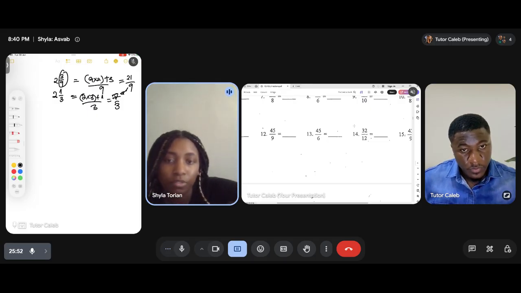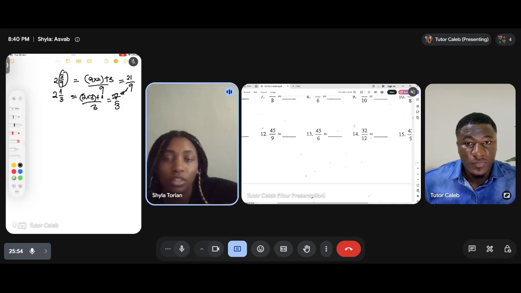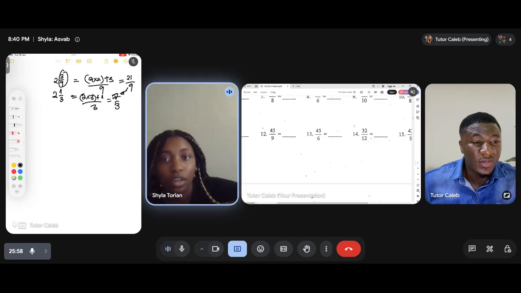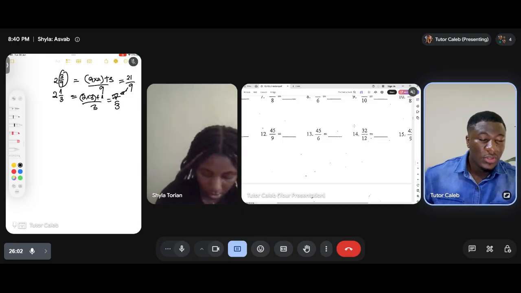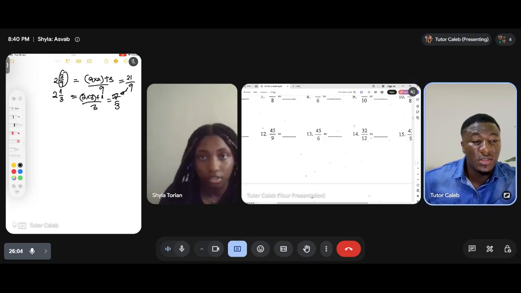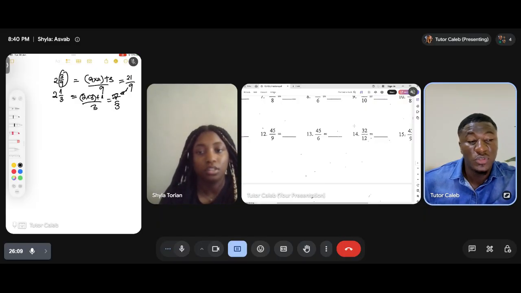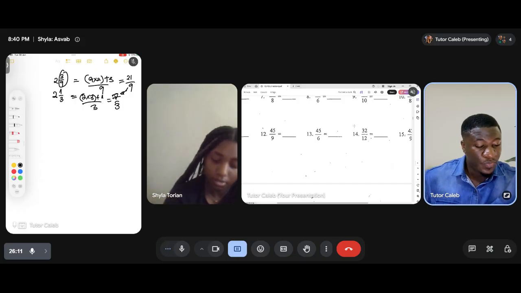Or do I put 5 and 1/9? No, it's just 5. Because 45 just divided by 9 is 5. If you say 5 and 1 over 9, you're telling us that when you share 45 to 9 people, 1 will be left to give to 9 persons, which is not true. Oh, okay.